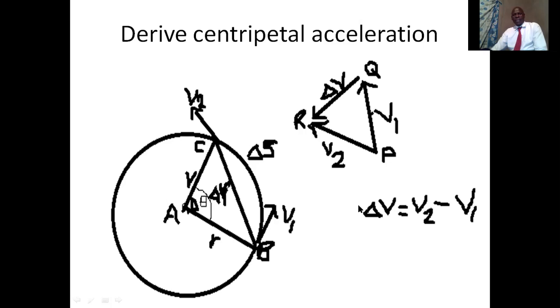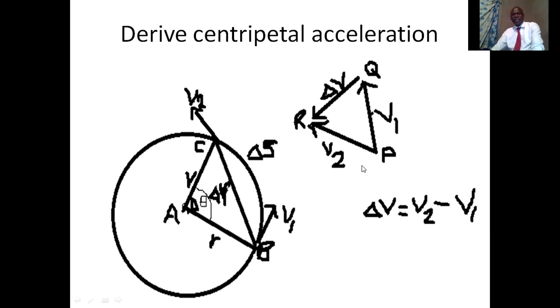As I indicated, delta V is equal to V2 minus V1. We note that, because the angle theta is very small, triangle ACB is similar to triangle PQR.